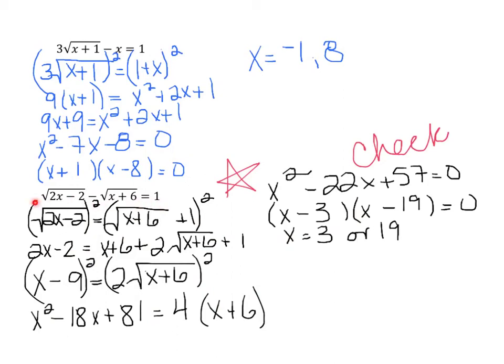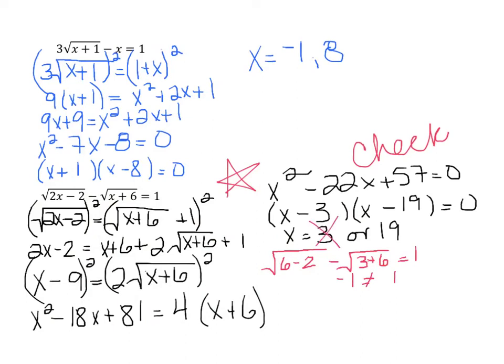So if I plug in 3, I get the square root of 6 minus 2 minus the square root of 3 plus 6, and I need that to equal 1. This ends up being the square root of 4 minus the square root of 9, so that's 2 minus 3, which is negative 1, and negative 1 does not equal positive 1. So 3 is an extraneous root.